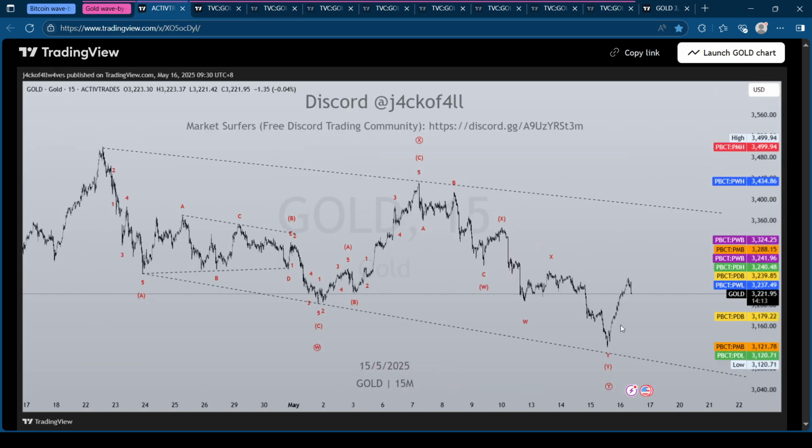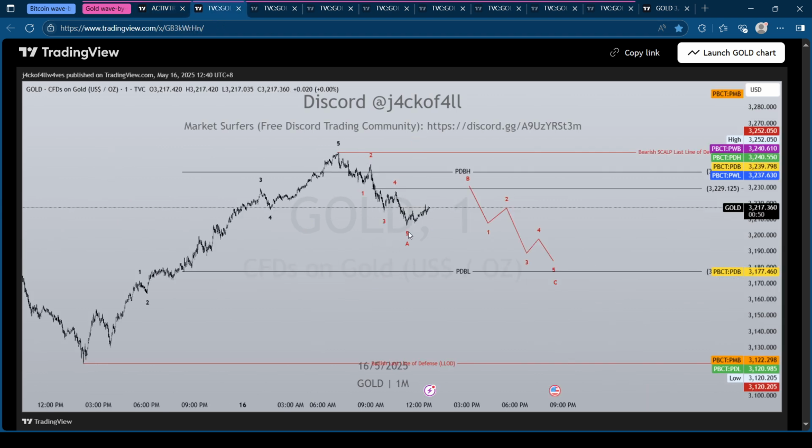Now, by the way, this is my analysis. For the WXY correction or the double three correction, I'm expecting a wave 1, wave 2 retracement here, and then it will continue to go up. Let's see what happened after this. I projected that it will create a correction since the first wave is 5 waves.